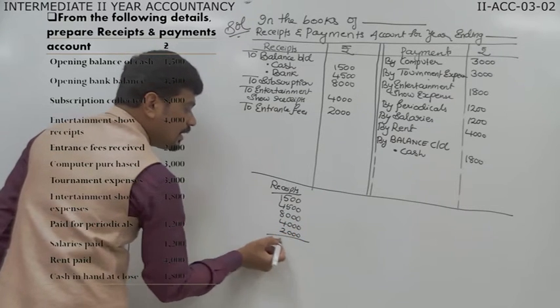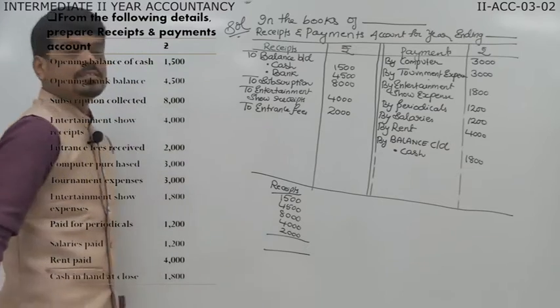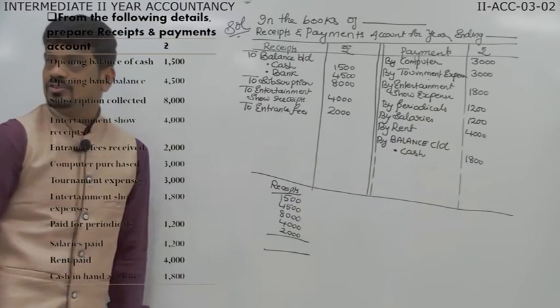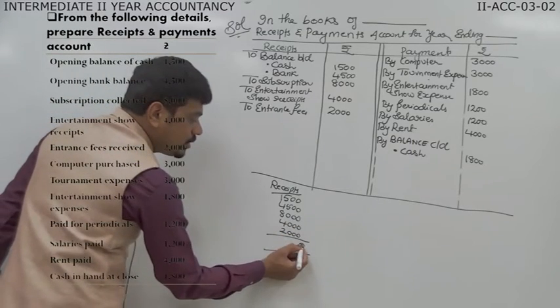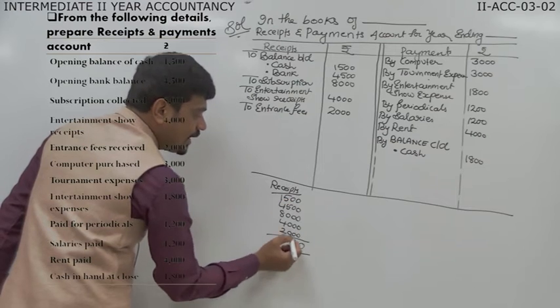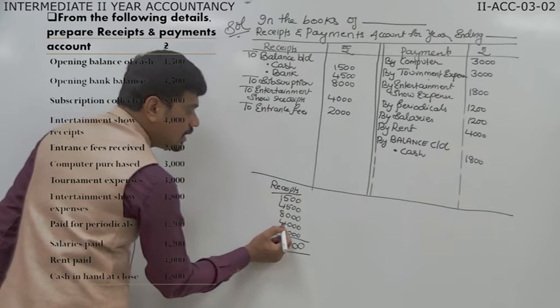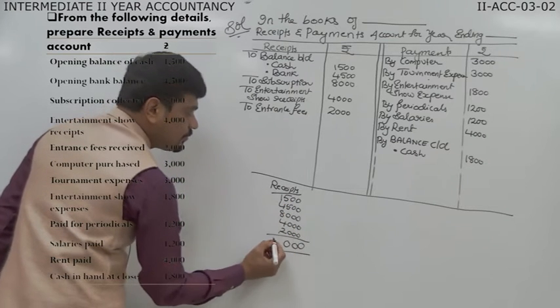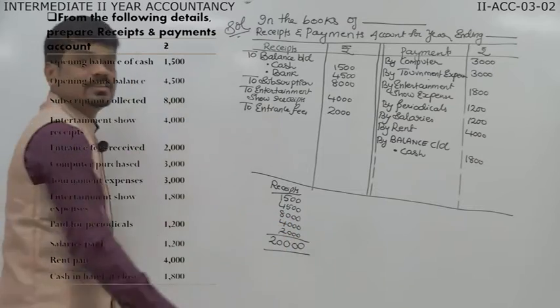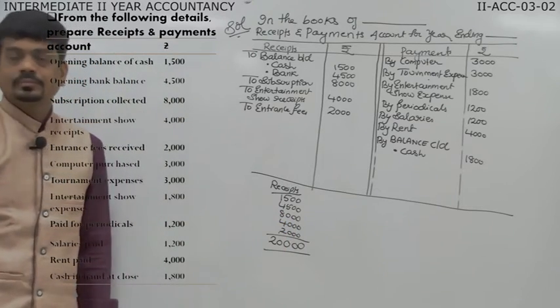While writing the figures, let us maintain the discipline of the decimal positions. If we add: 0, 0, 5, 5, 10, carry 1, 3, 7, 15 plus 5, 20. So the total of receipts is 20,000.